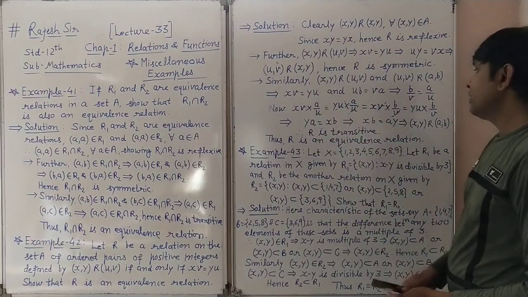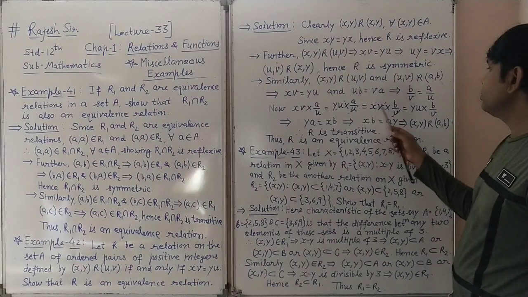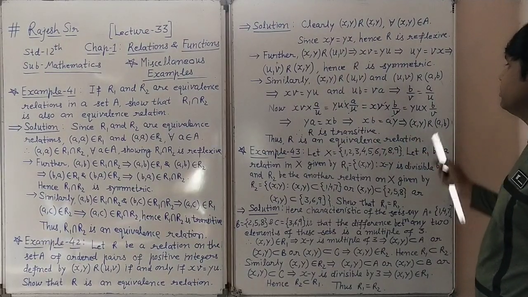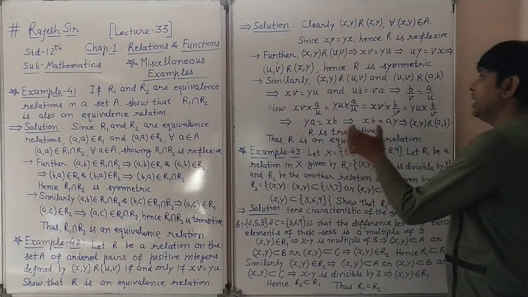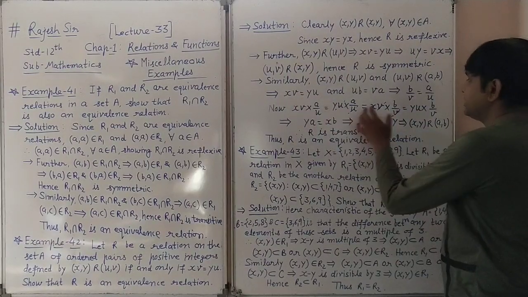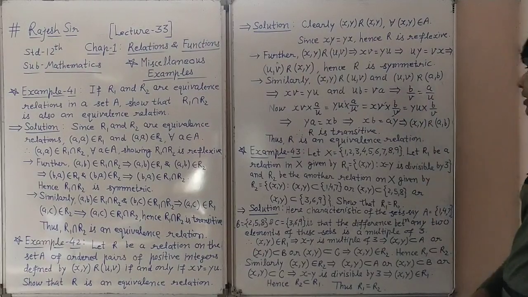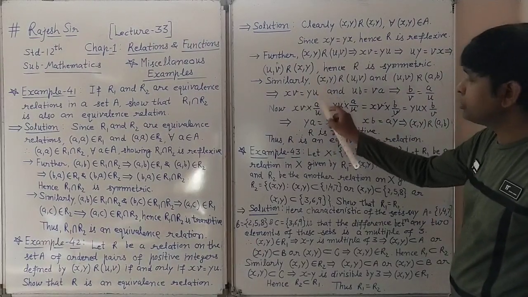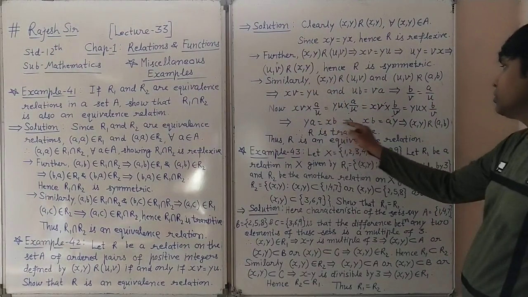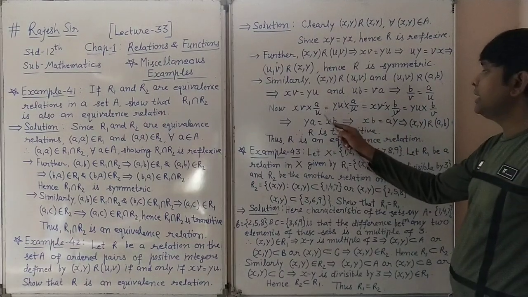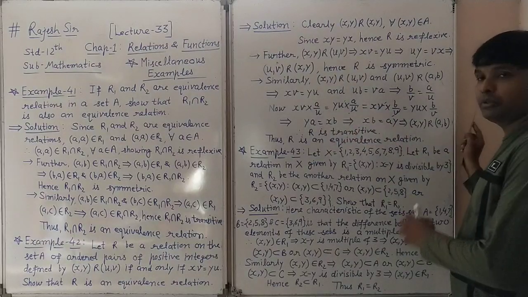And if you multiply b upon v on both sides, then also it will be equal, because a upon u equals b upon v. Here we have multiplied a upon u on both sides, and the same thing with b upon v. So all are equal to one another.